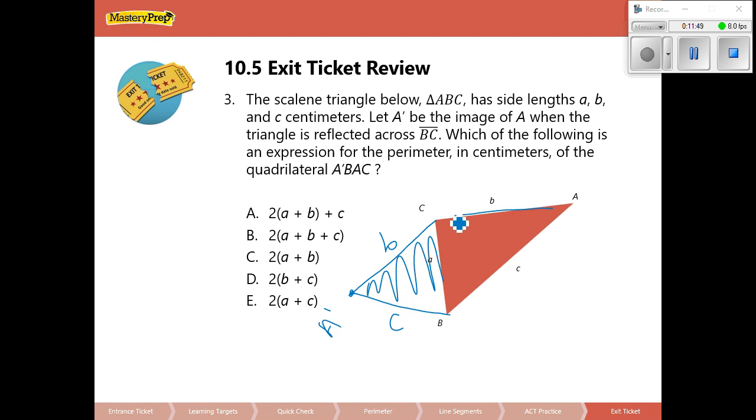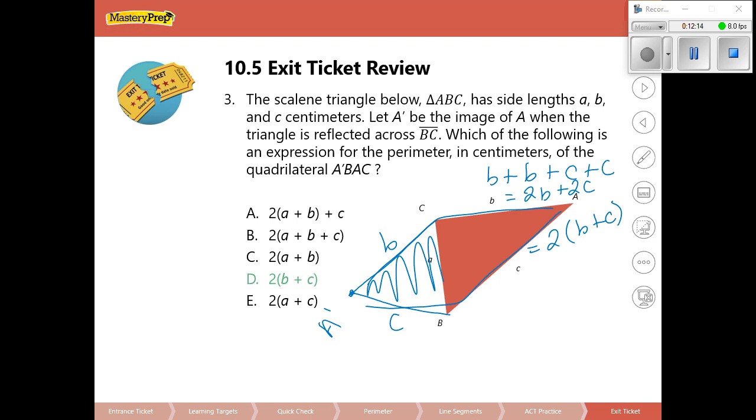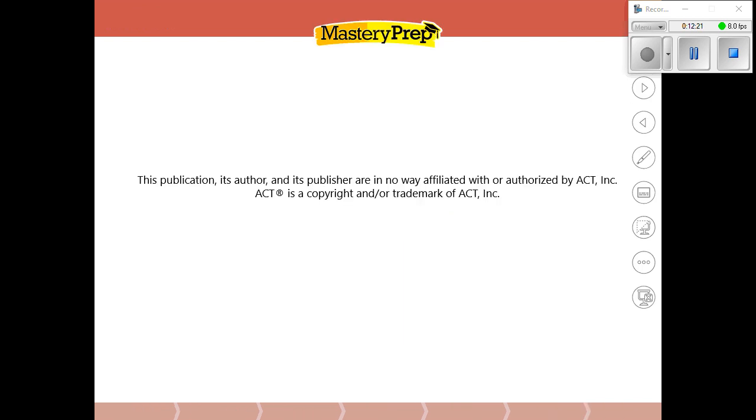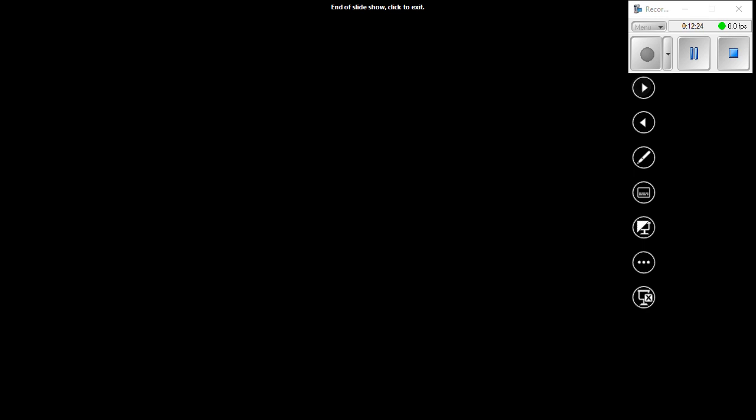Because here we have B and B added together, plus C and C. B plus B would be 2B plus, well, that's not one of the answer choices, but we can factor out the 2 from both terms, which would give us the expression that is answer choice D. And that's it.